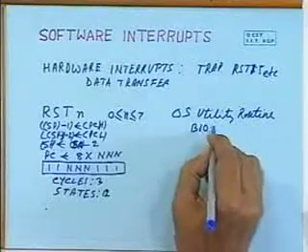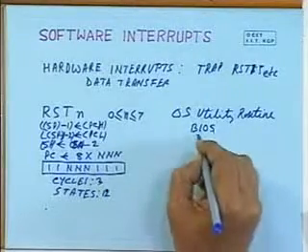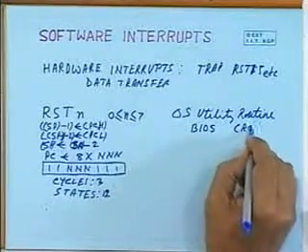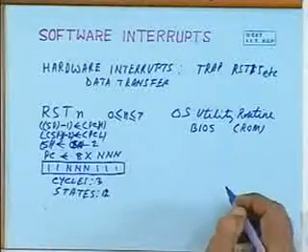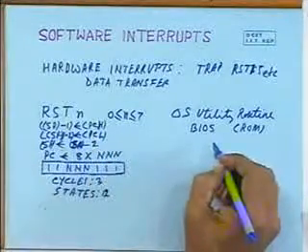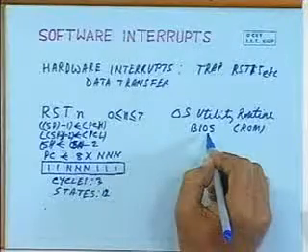For example, you have used PCs. In PCs, the BIOS routine, basic input output system, holds all the important input output routines, and that is in ROM, read only memory. All the BIOS routines are implemented by using these software interrupts.